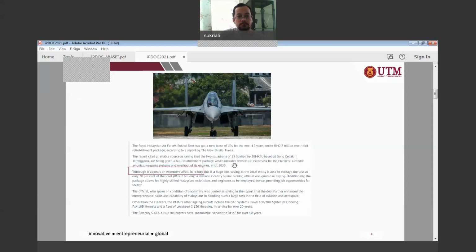For example, the Royal Malaysia Air Force has spent about 200 million just to increase the lifespan of the fighter aircraft by another 15 years. This has been reported by the New Straits Times.